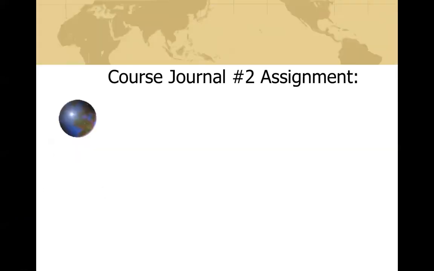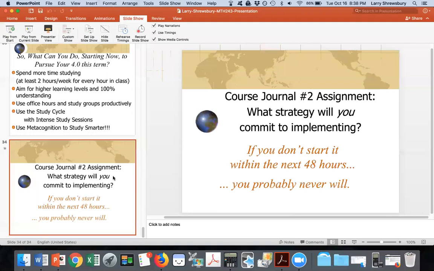Okay. Now, it's called course journal number 2. Let me just change that. It's actually an assignment I'm going to give you. This is a very easy writing assignment, and you'll just submit it to me. And in fact, let me just alter this, because I don't want to call it course journal.